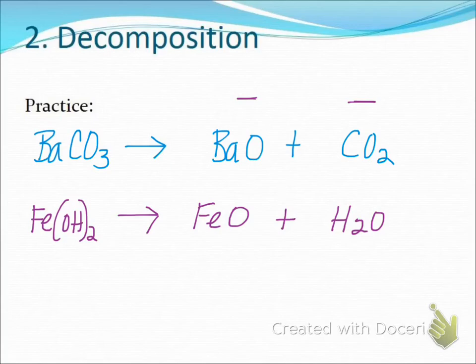I'll let you pick which chlorate we do. Sodium chlorate. How do I write sodium chlorate? NaClO3. Okay. And what does it say in your notes about metal chlorates? What do they break down into?